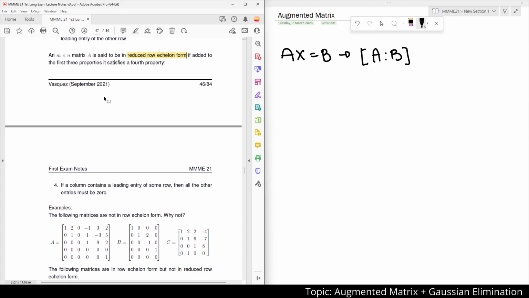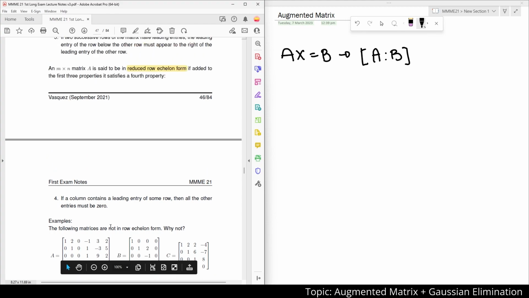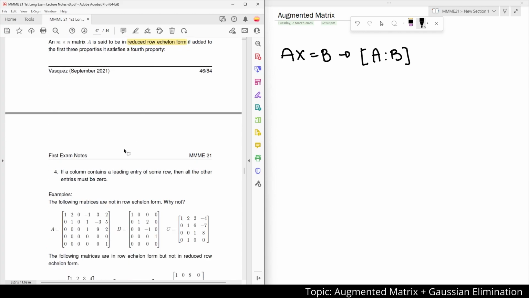So for example, yung matrix A, B, and C are not in row echelon form. So why not? So for matrix A, makita natin, meron tayong row na lahat 0. Sa rule 1 natin, all rows whose elements are all zeros, if they exist, are at the bottom of the matrix. So dapat daw, itong row na to, nasa bottom siya ng matrix if this is in row echelon form.